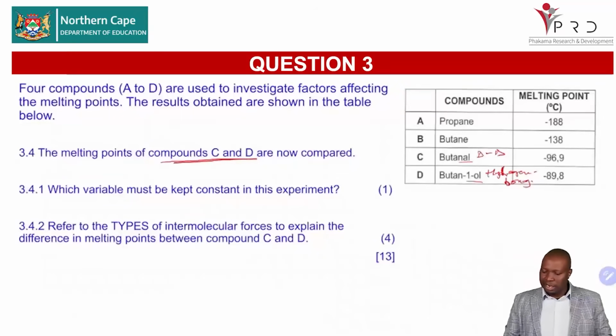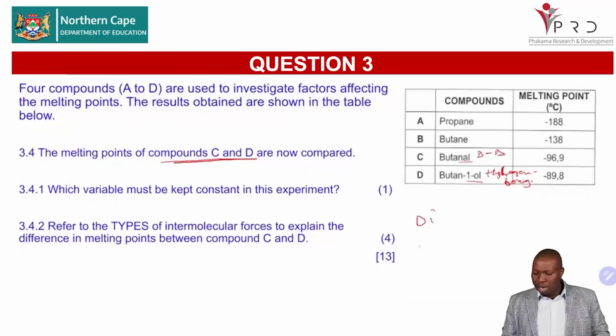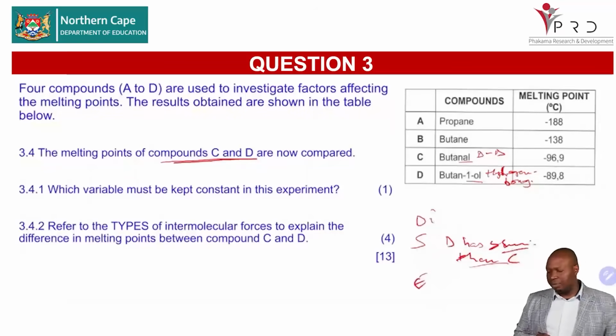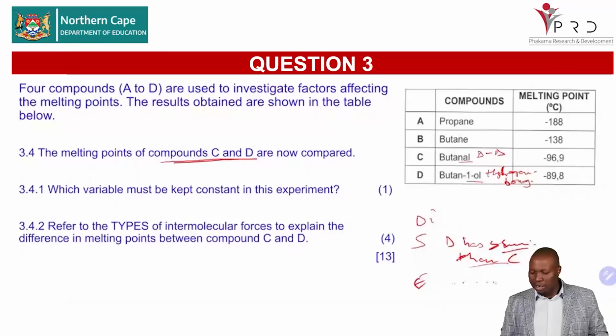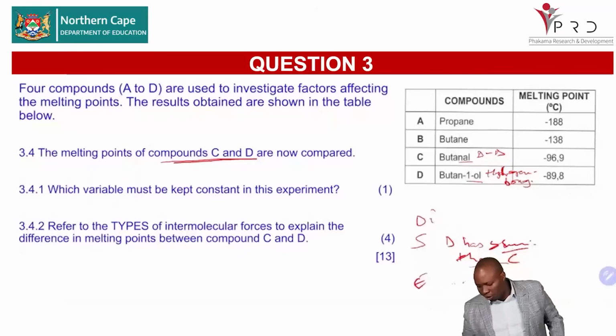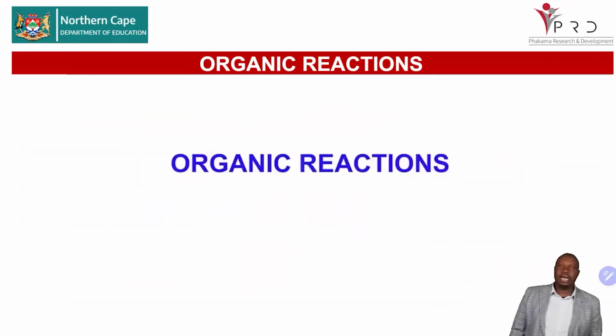The difference is that the other one is dipole, and then the strength of intermolecular force, the S there for your DICE, is to say now strength: definitely hydrogen bonds are stronger. So you are saying D has stronger intermolecular forces than C. And because D has stronger intermolecular forces than C, you then address the energy required to overcome the intermolecular force. You are saying more energy will be required to overcome the intermolecular force in D than in C. So I hope that will help you, and you'll be able to collect all those marks that you are expected to collect under that question.